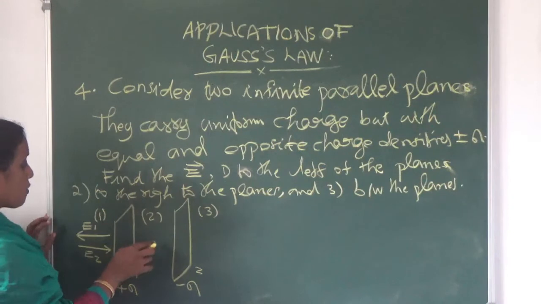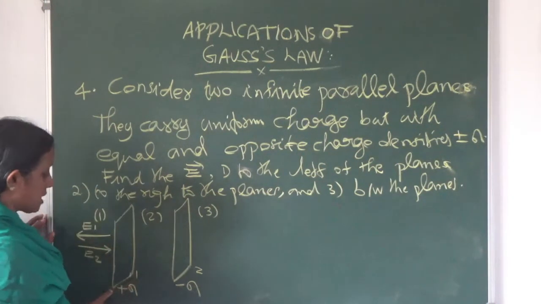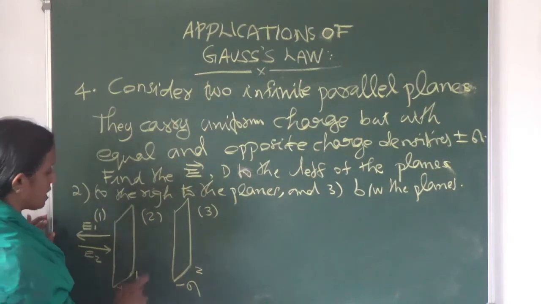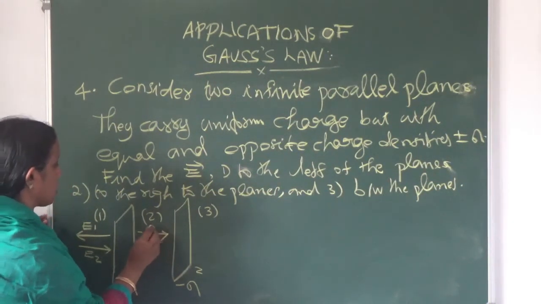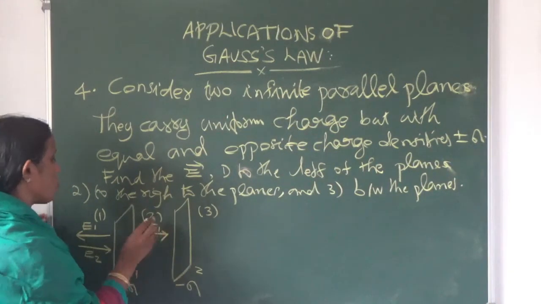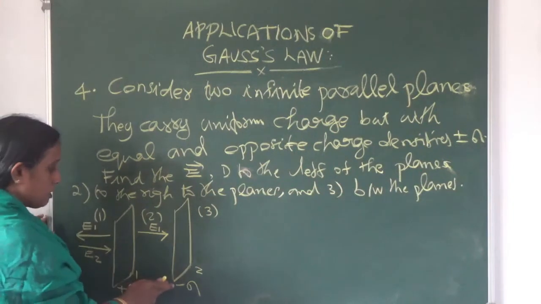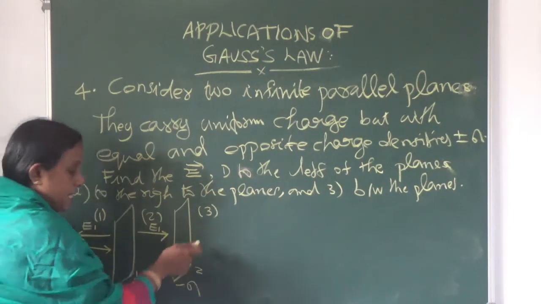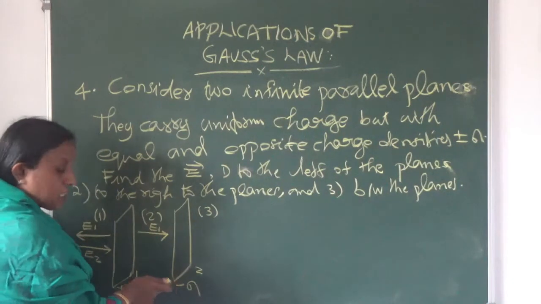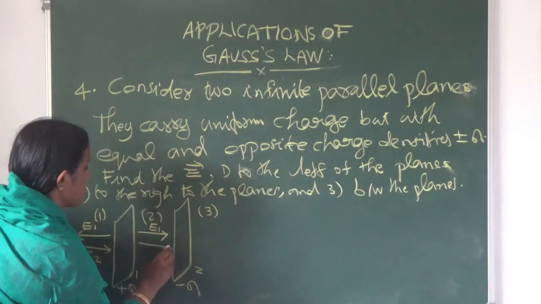Okay. Now in region 2, the electric field due to the first sheet, which has the positive charge, is pointing along this direction. This is E1, moving away from the positive charge. And here the electric field due to the second sheet, which has negative charge, points towards the sheet like this.